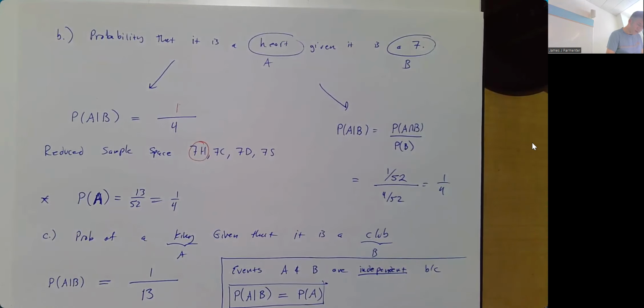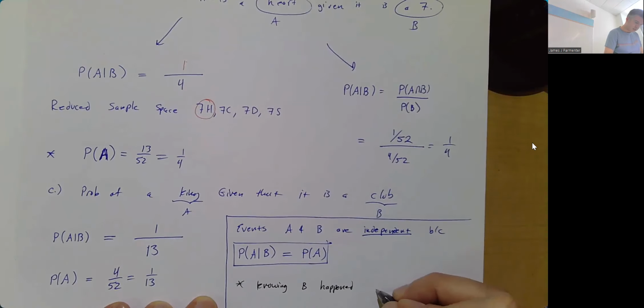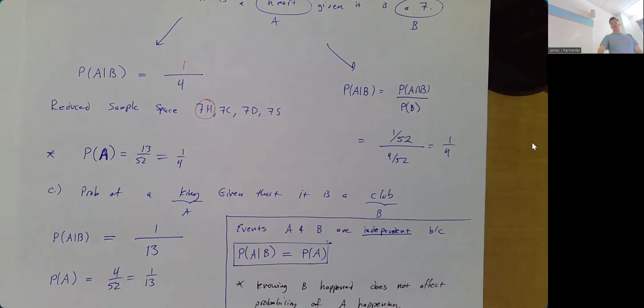That is the very definition of two events being independent. One of them could happen or not. We don't care. It doesn't affect the probability of the other one happening.